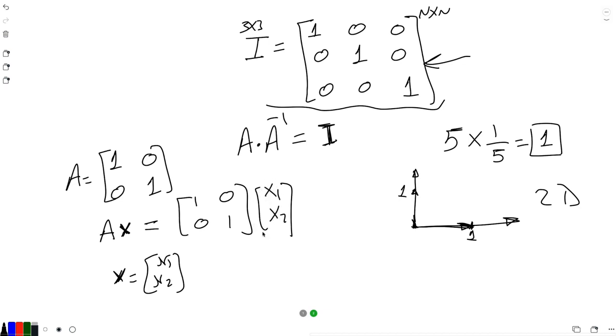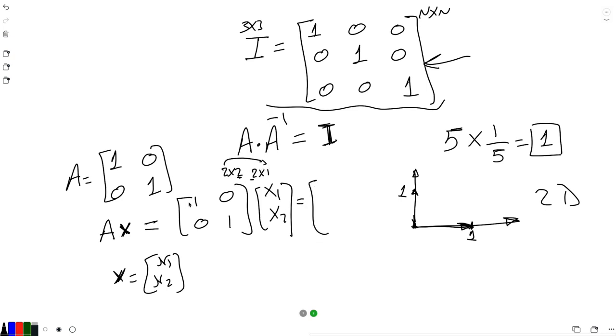Before you multiply matrices and vectors, or matrix and matrix, always check that it is legal to multiply. This matrix is 2 by 2 and this vector is 2 by 1, so it is legal to multiply, because the number of columns of the first matrix is the same as the number of rows in the second. So the result will also be 2 by 1.